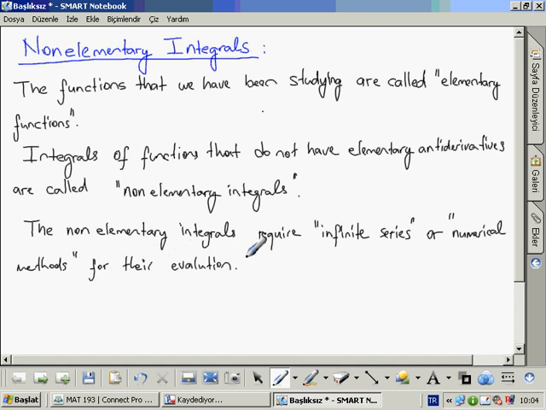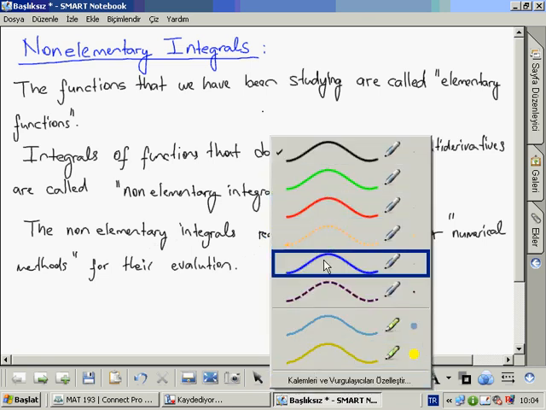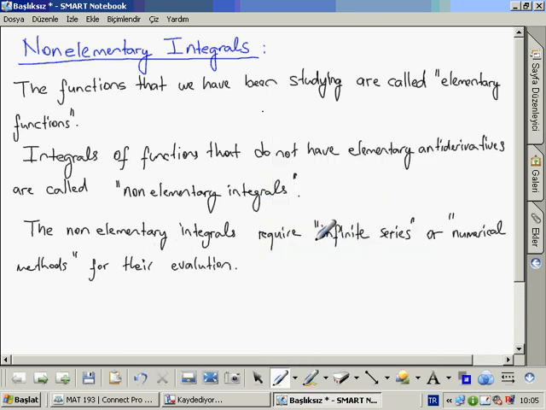And if we use the infinite series, okay, that means this is indefinite integrals.